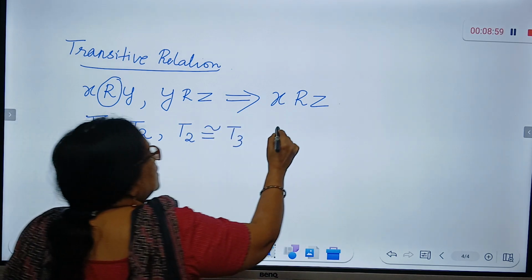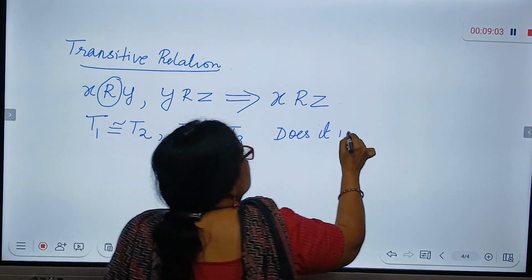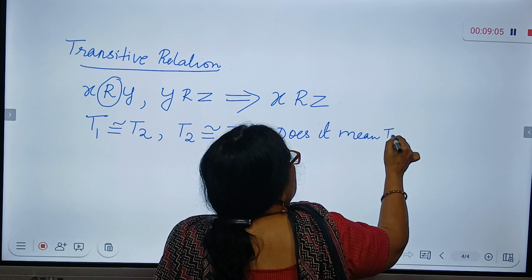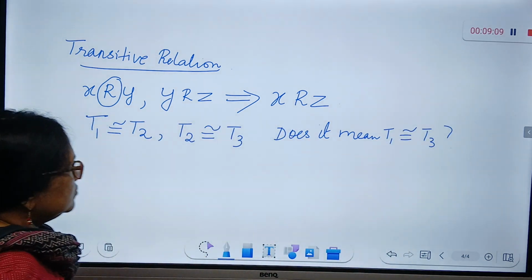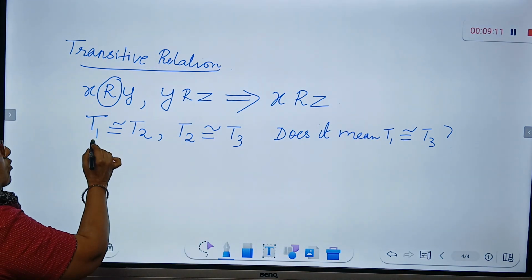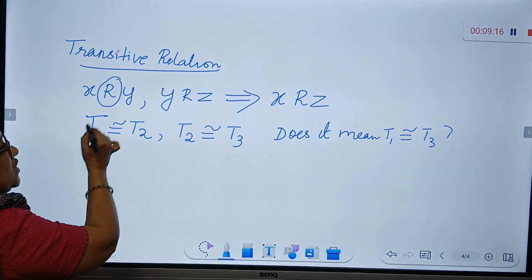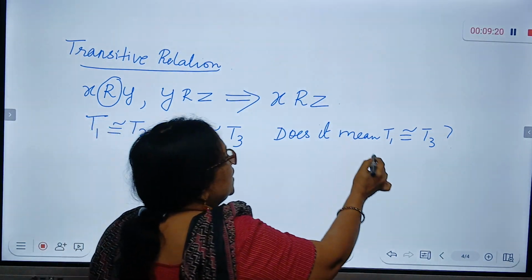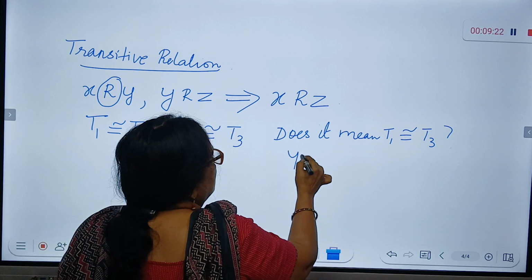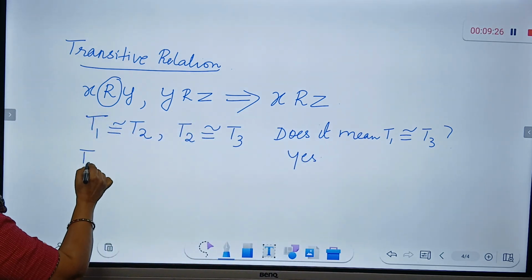Then does it mean T1 is congruent to T3? We know that by the property of congruence of triangles, if T1 is congruent to T2 and T2 is congruent to T3, then definitely T1 is congruent to T3. Yes. So such a relation is a transitive relation.